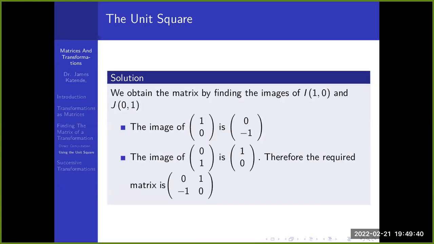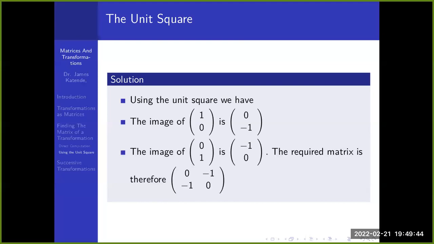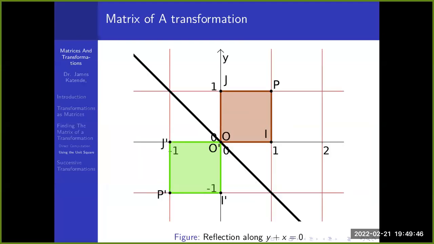Something is not right. Yeah, it represents this reflection. I was moving the slides backwards, so now I'm moving in the right direction. It represents the reflection along the line y plus x is equal to 0. I hope that makes sense.